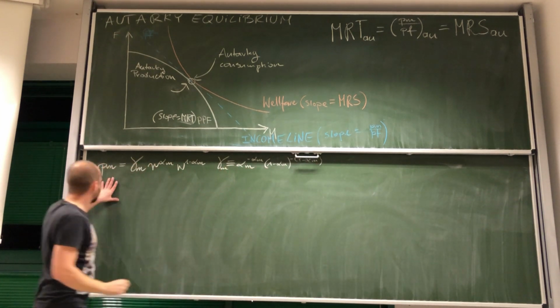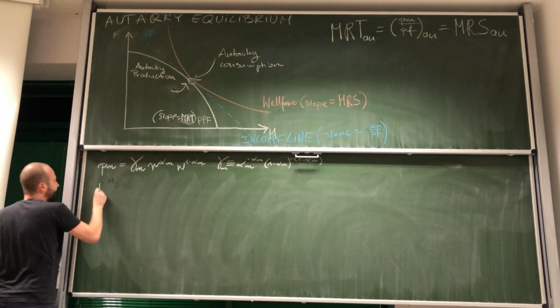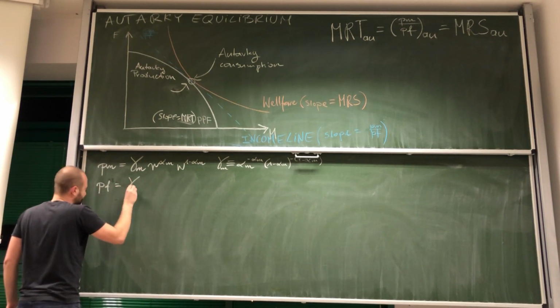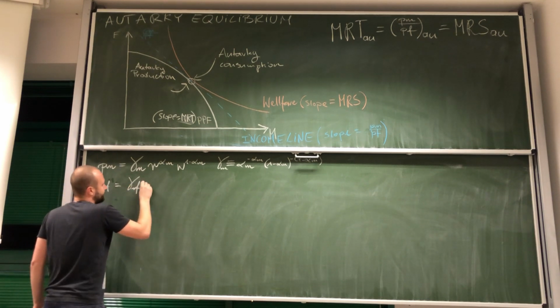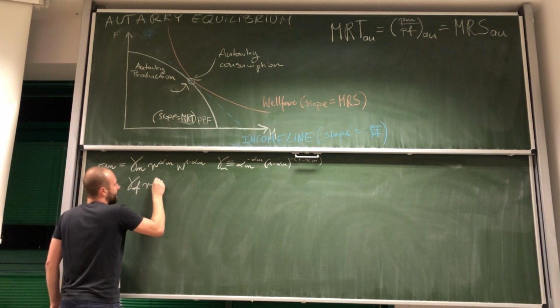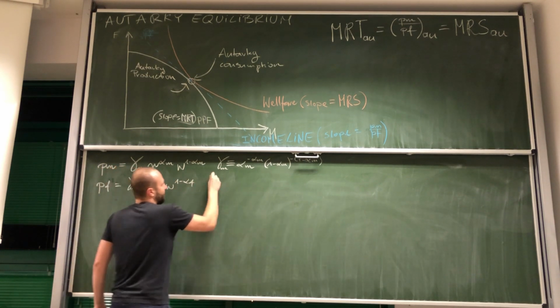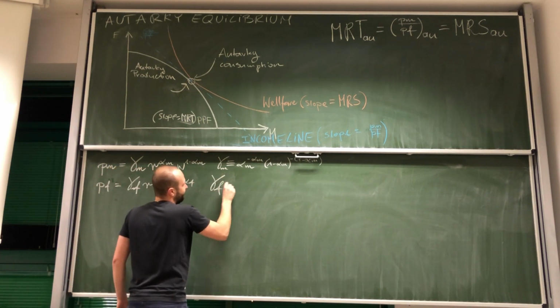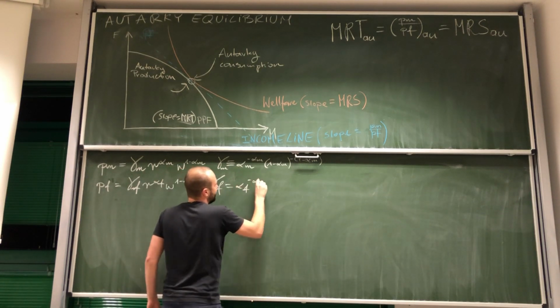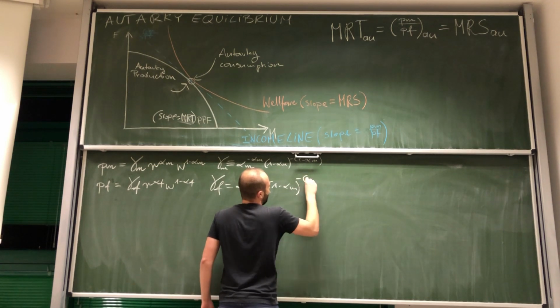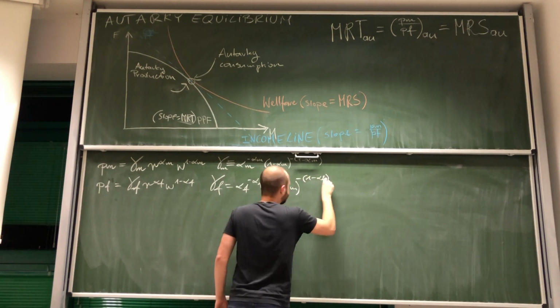And by the same token, the price of food is given by gamma f times r to the power alpha f times w to the power 1 minus alpha f, where gamma f is alpha f to the power negative alpha f times 1 minus alpha f to the power negative 1 minus alpha f.